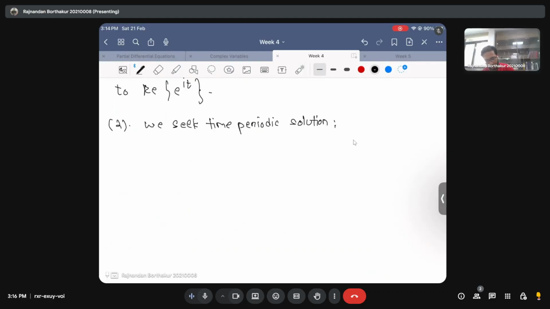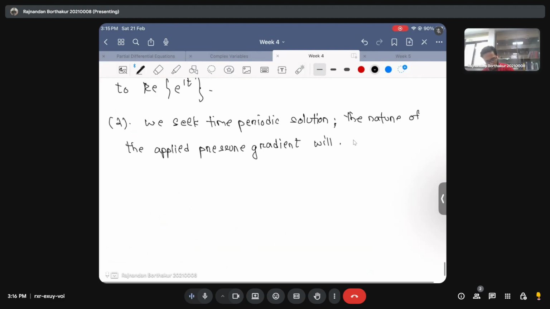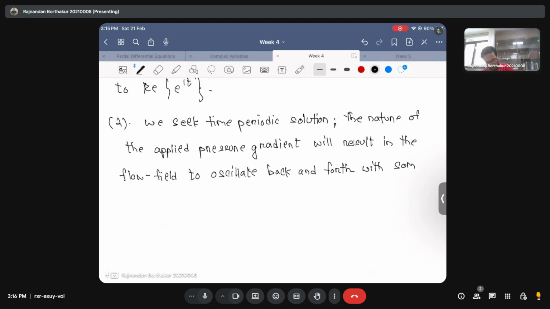And maybe I can write that the nature of the applied pressure gradient will result in the flow field oscillating back and forth with some phase lag.